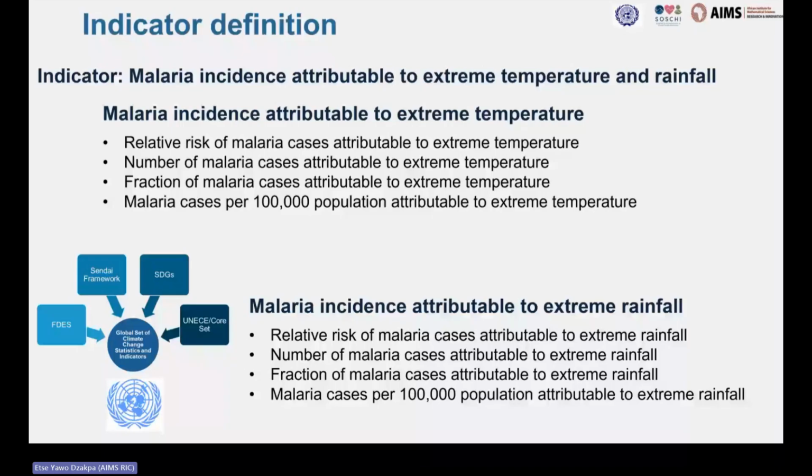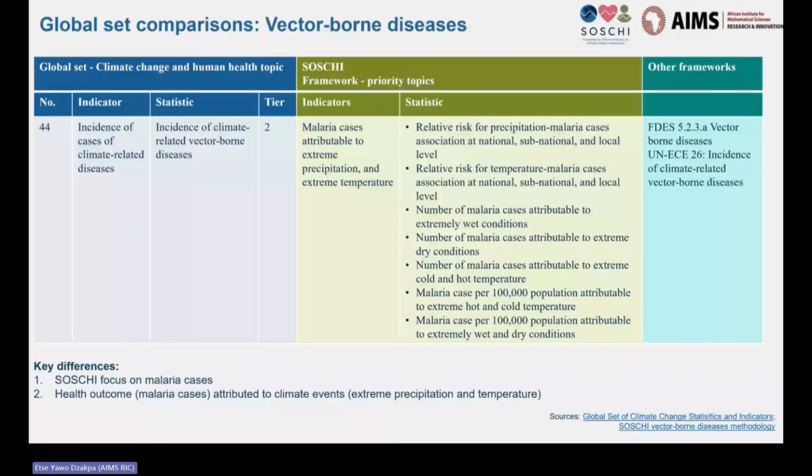malaria cases. Those indicators that we propose align with existing frameworks, mainly the one from the global set of climate change statistics and indicators. As we can observe here, within that framework, we have one of the indicators that is targeting incidence of cases of climate-related diseases. For that one, they propose an incidence of climate-related vector-borne diseases.